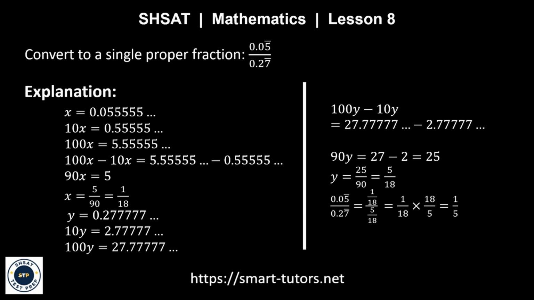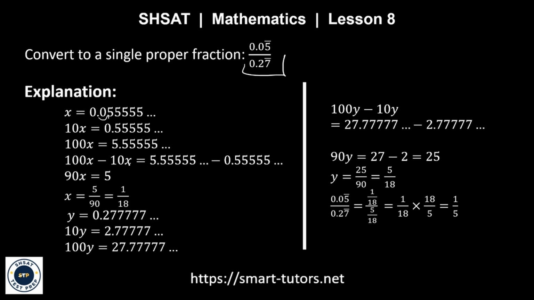So now convert to a single proper fraction. So you want to make this into a proper fraction. What you can do is start with the top, give x a value of 0.05555, 10x as 0.555, so you just move the decimal to the right once. And for 100x, you make it into 5.555.